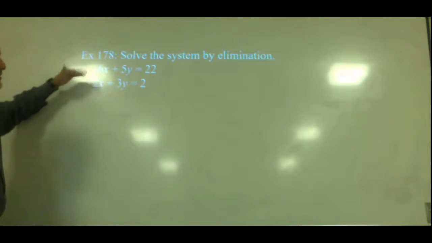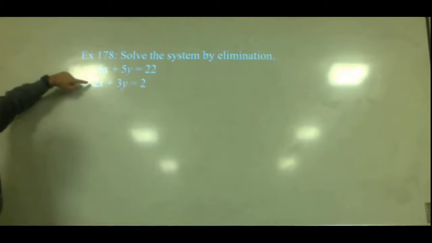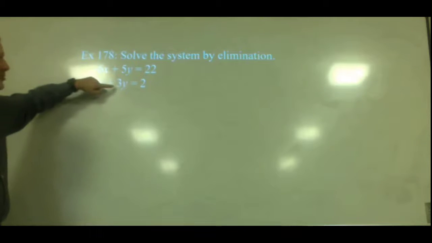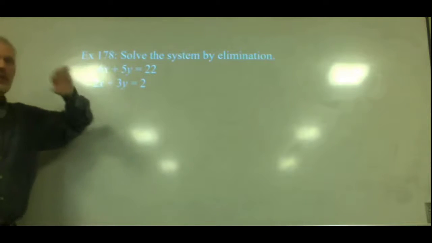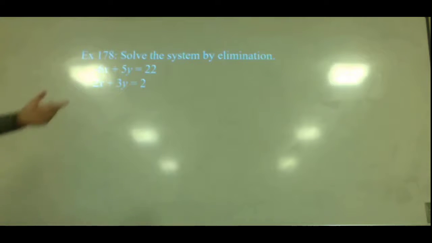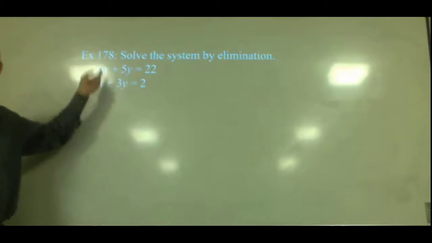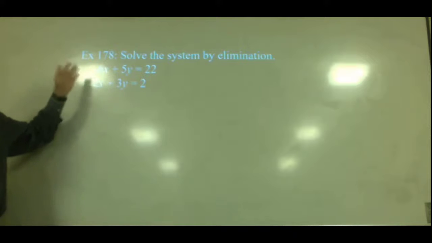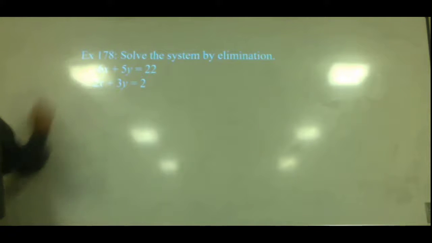Are there any of these numbers that we could turn into, like, could I turn, and I usually start with the smaller ones, could I turn 2x into 6x so that it would cancel, or turn 3y into a 5y by multiplication so that it could cancel? I could change a 2x into a 6x so that it would cancel, right? How would I do that? Multiply by 3.